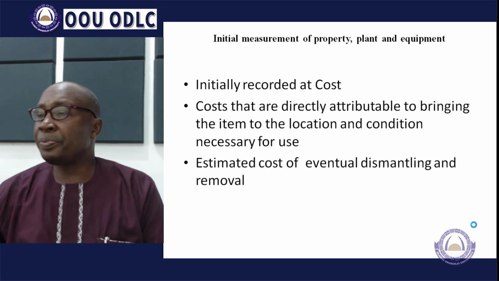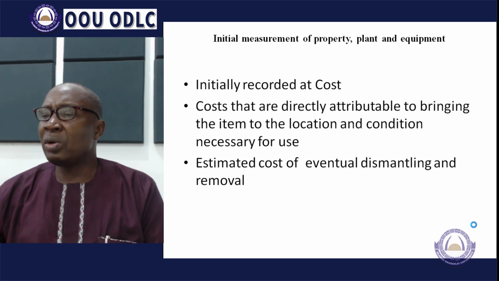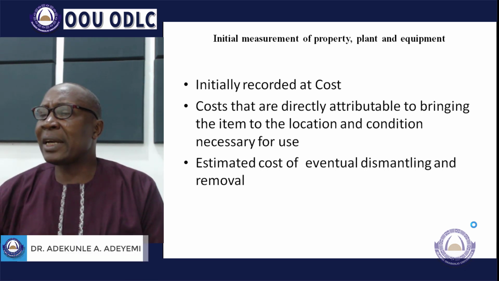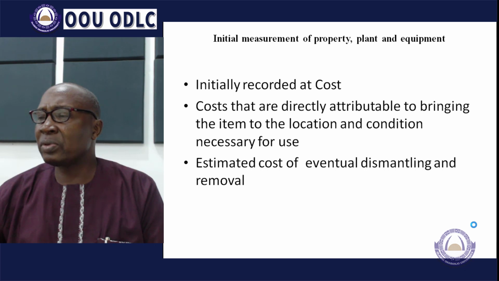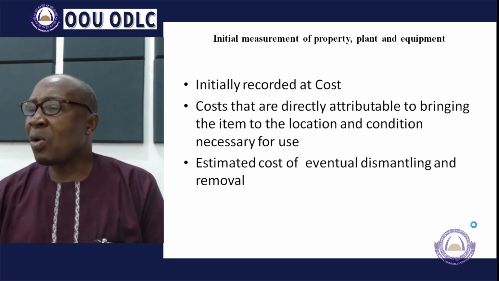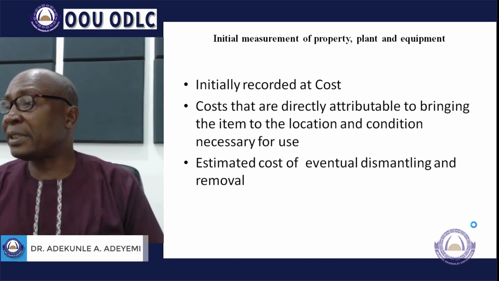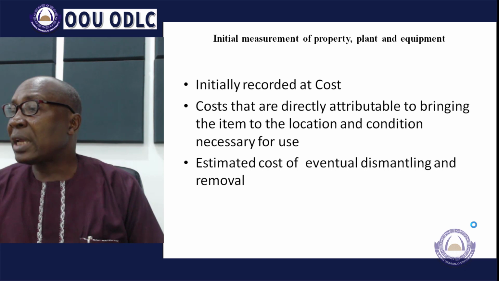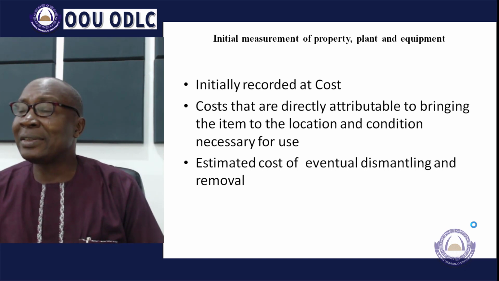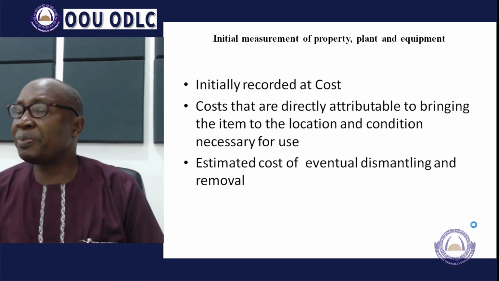Subsequent expenditure. By subsequent expenditure, it is meant expenditure after the initial recognition of items of property, plant, and equipment. It is the recurrent or routine nature expenditures that are incurred after the initial recognition of an item of PPE.